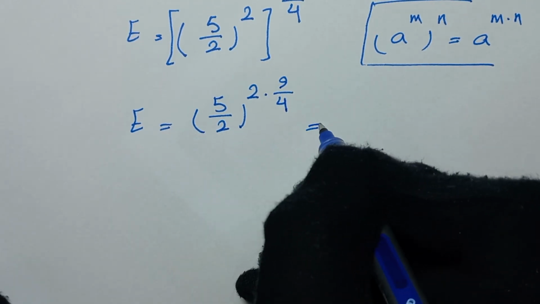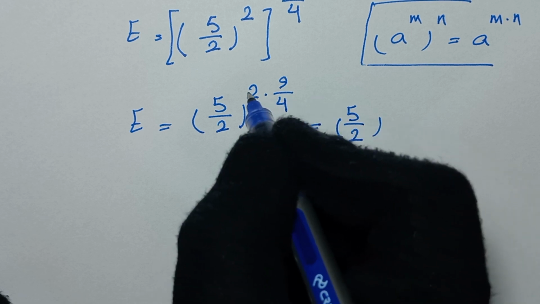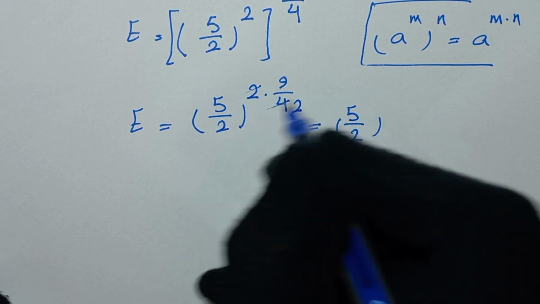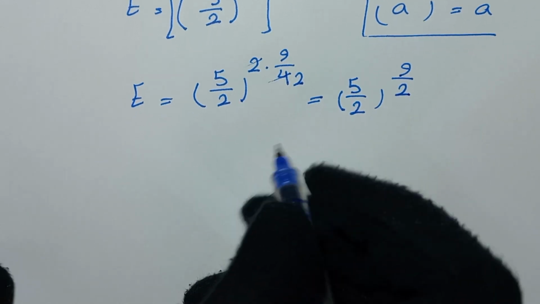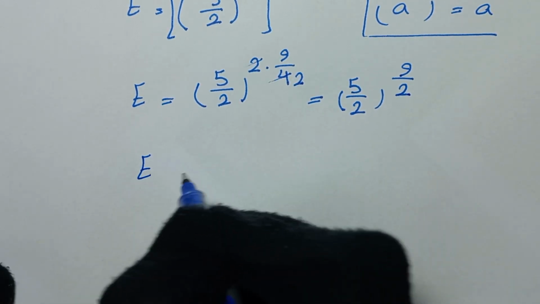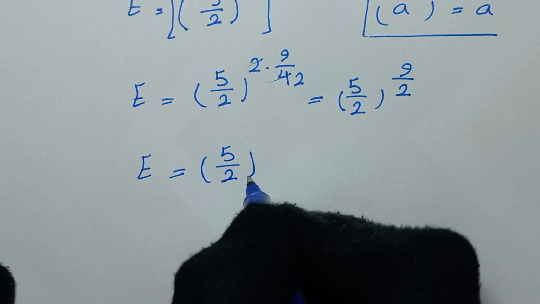And this is equal to (5/2) to the power of, this will cancel this by 2, and it will be 9/2. So, in the next step, we can write e is equal to (5/2) to the power of 9/2.